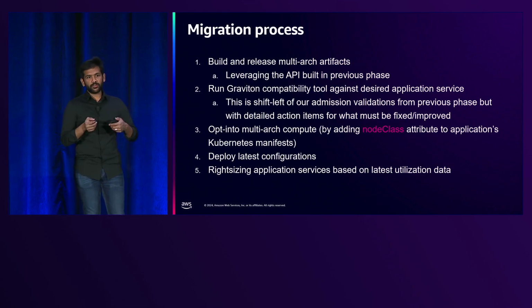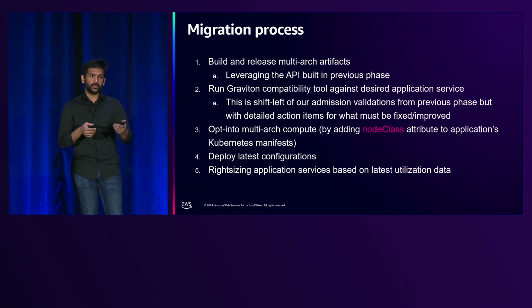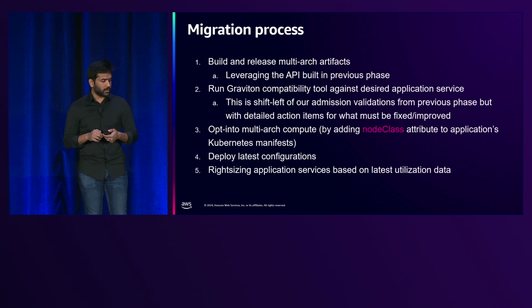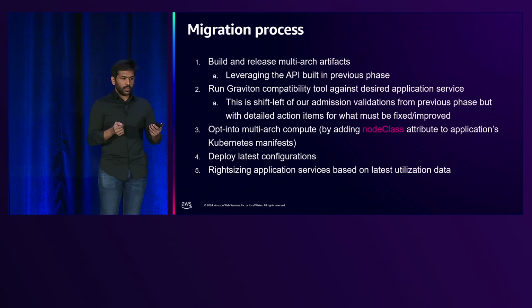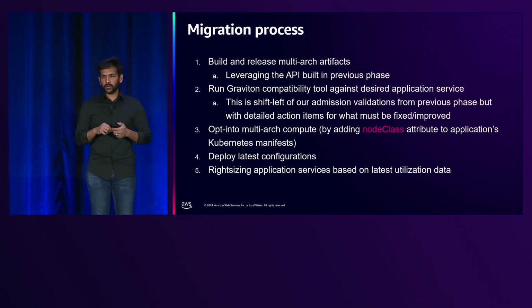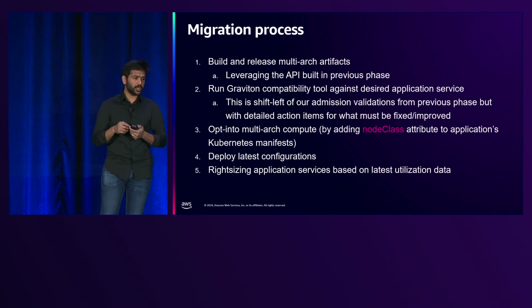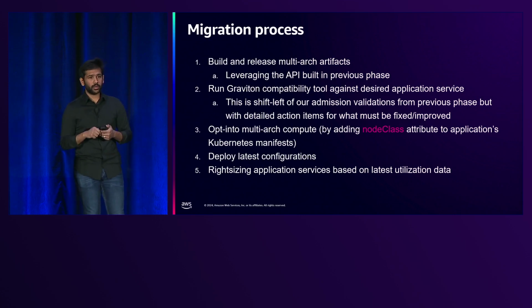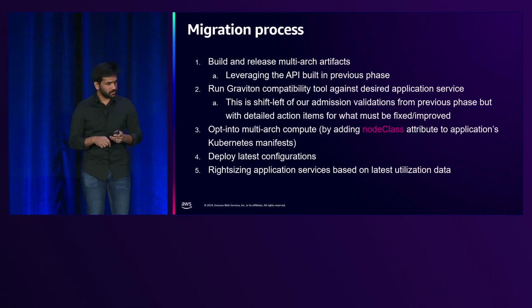So this enabled faster iteration in case an application is not compatible. It can be caught very early in the process rather than having to go through all the steps in the migration process. Once the compatibility is verified, all the users have to do is opt into this multi-architecture compute by using the compute API that we have exposed. And once this configuration has been merged, you just deploy your latest configurations and voila, you are running on Graviton.